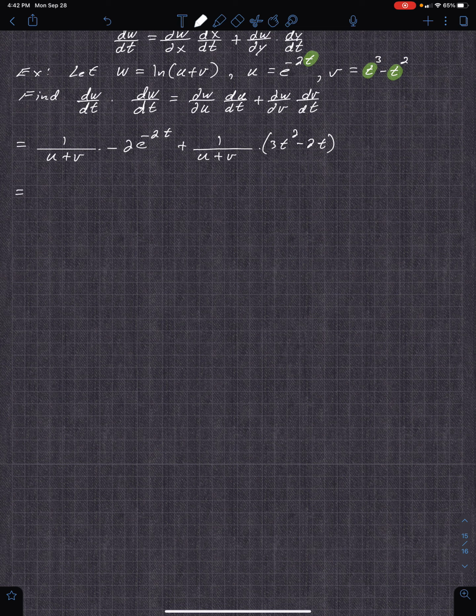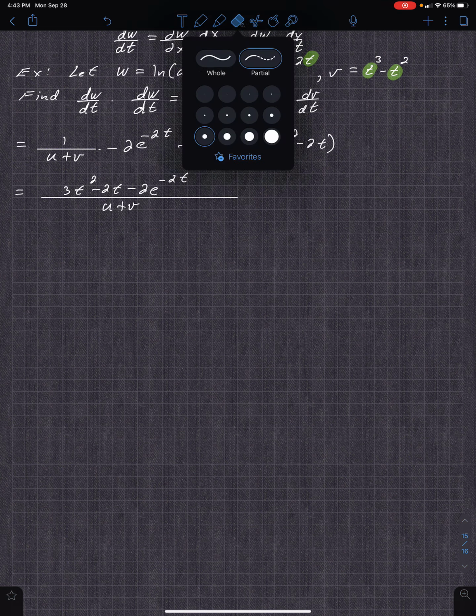So this is equal to this whole numerator. So that's 3t squared minus 2t minus 2e to the negative 2t all over u plus v.